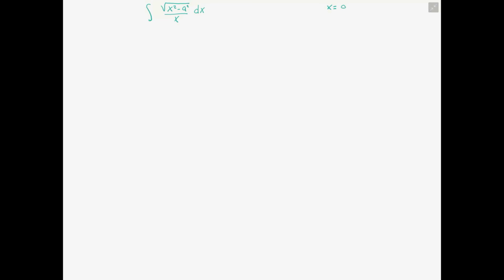In this case, we use the trigonometric substitution x equals a secant theta, and dx equals a secant theta tan theta d theta.